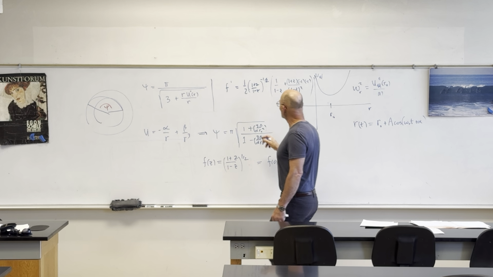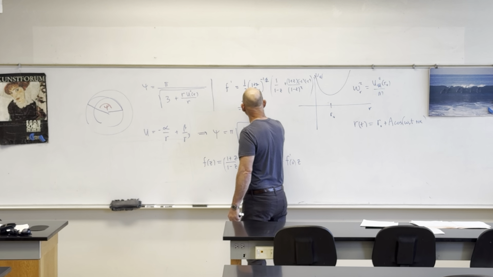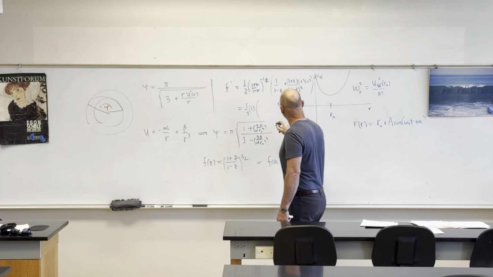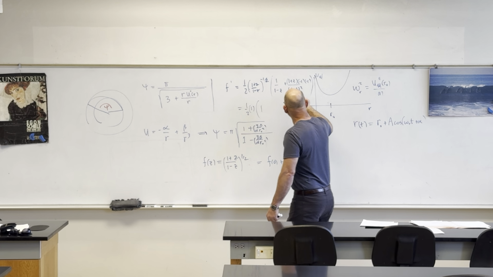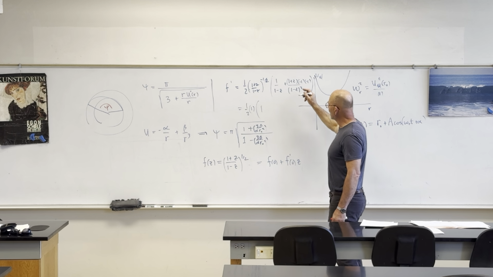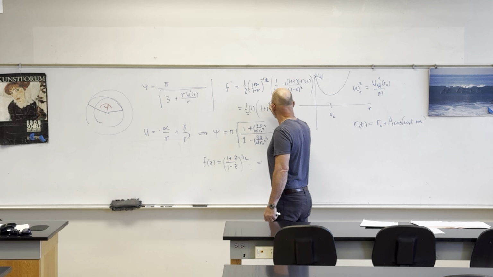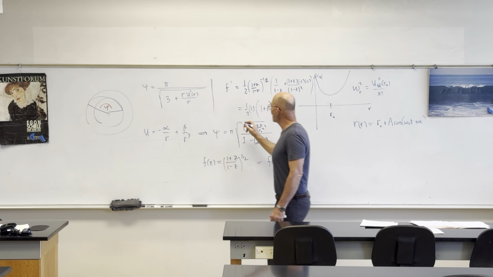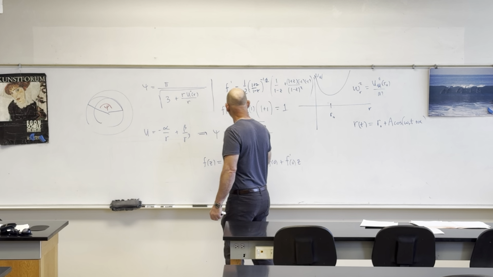And when we evaluate it at 0, we end up with 1/2 times 1 plus 1. What a great answer, it's just 1. So f prime of 0 is just 1.